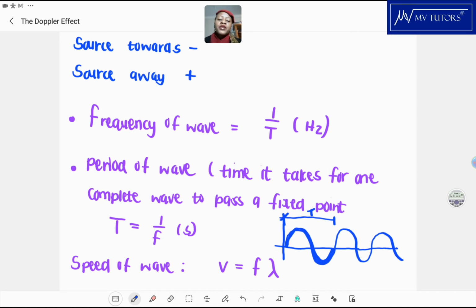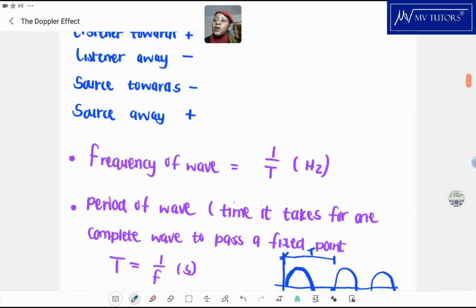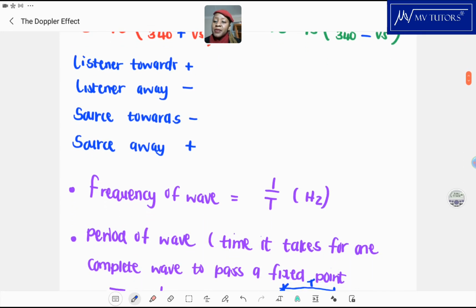And if they haven't given you frequency, but period, then you can calculate the frequency from the period given. And it's normally given in seconds. Then you have the speed of a wave. If it is the speed of a wave in the air, you already know that it is 340 meters per second. If it's in water, it will be 1,500 meters per second.